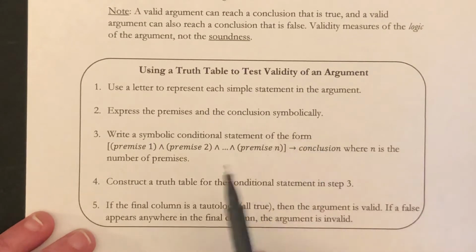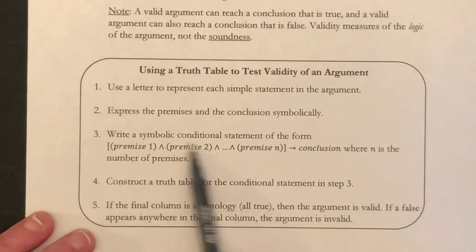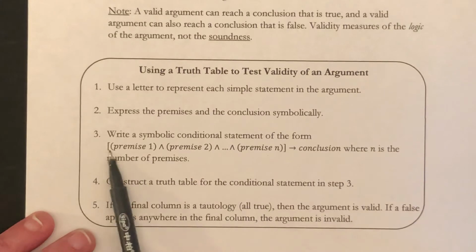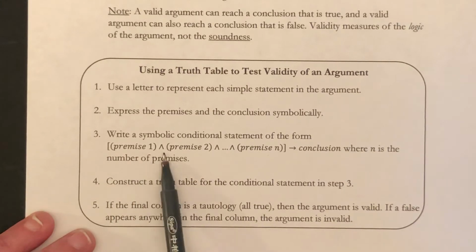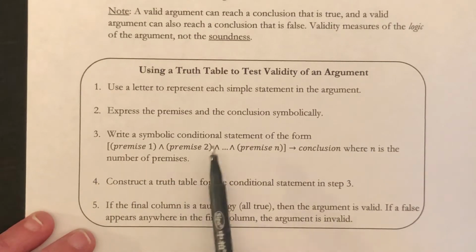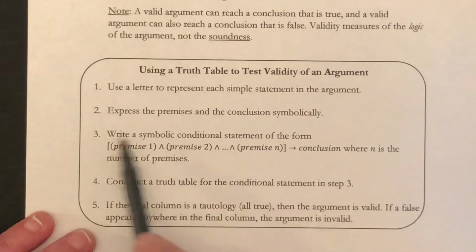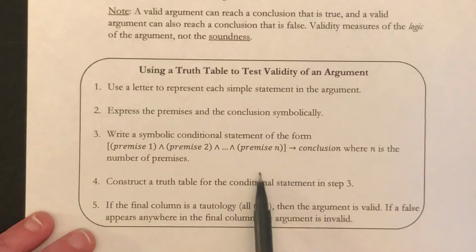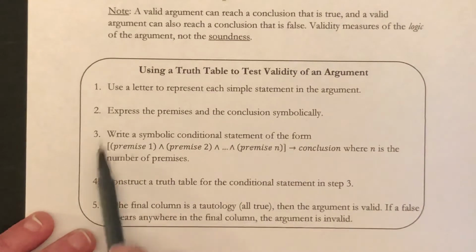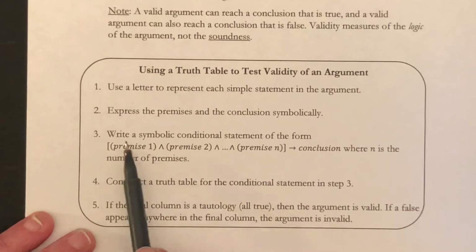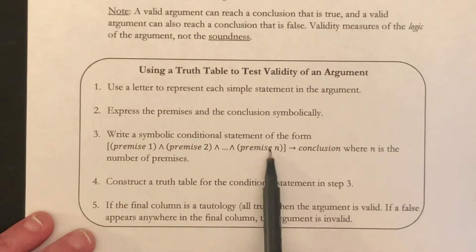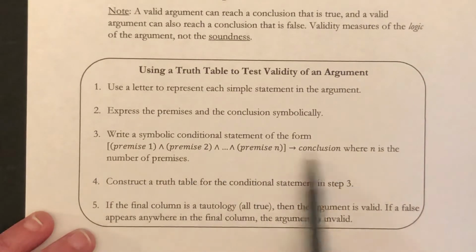And then what we need to test at the very end on our truth table is something like this. We're going to take the first premise and the second premise and the third, the fourth, the fifth, however many we have, and those go in brackets. So it's if all of these premises are true, all of them, so that's why we have and in there, then the conclusion.